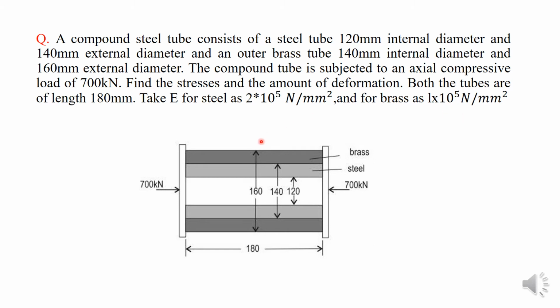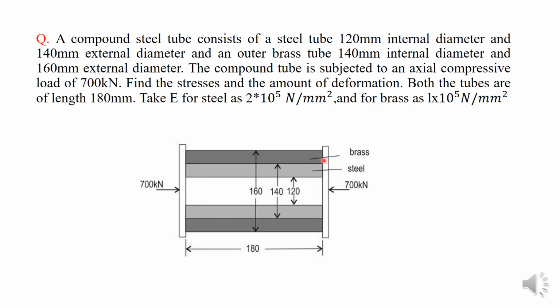Here the two different materials are given, that is brass and steel. The steel tube has internal diameter 120 mm and external diameter 140 mm, and the outer brass tube has internal diameter 140 mm and external diameter 160 mm.